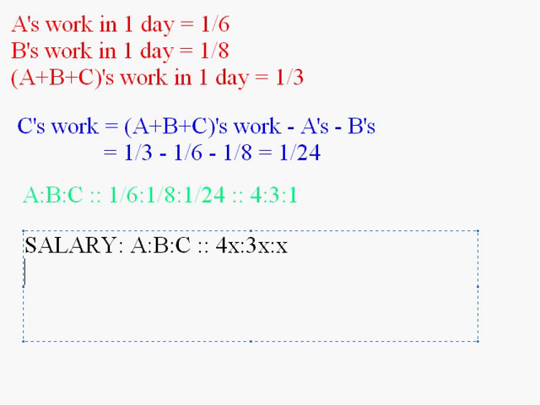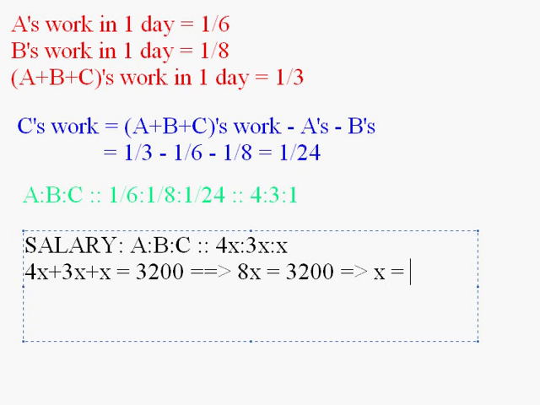Now 4x plus 3x plus x will be equal to rupees 3200, because A and B were supposed to do the whole work for rupees 3200, but later on C joined them, so C must get his share as well. So 8x is 3200, which means x will be rupees 400, right? Now we got the value of x, that is rupees 400.